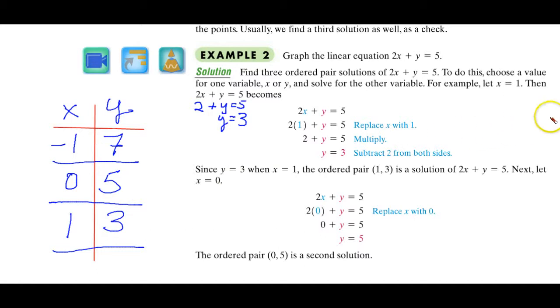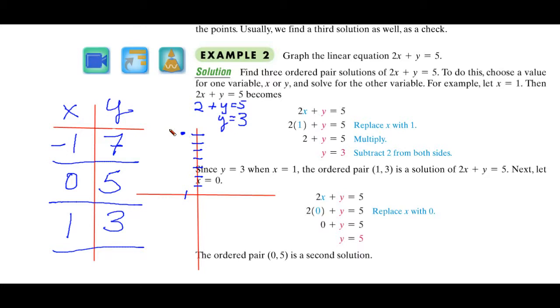Now, one of the things we're going to be doing, and I might just as well show it to you right now, is we're going to plot these. So in your study homework log, I should say, you're going to be graphing these. So we put up some points here. A negative 1, 7. So there's a negative 1. And we go 1, 2, 3, 4, 5, 6, 7.